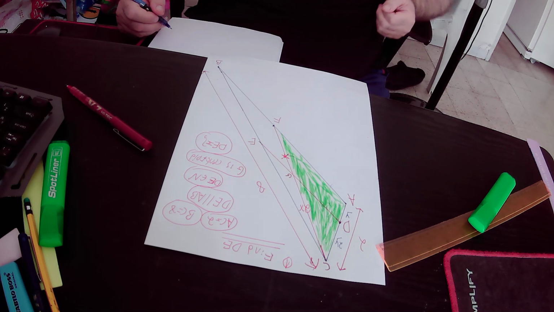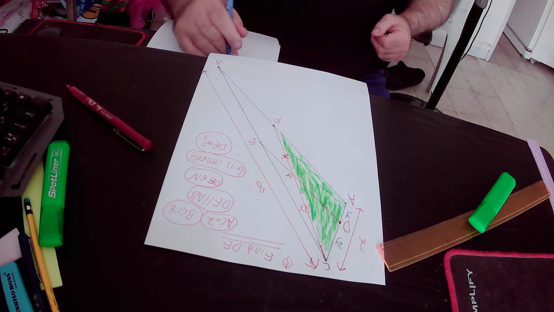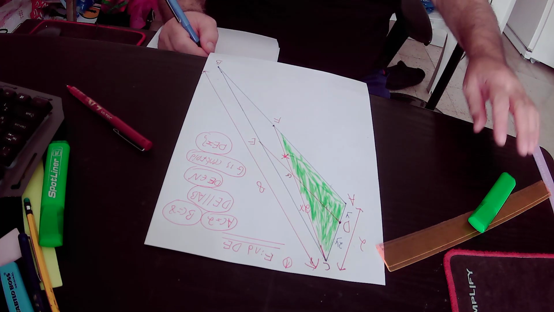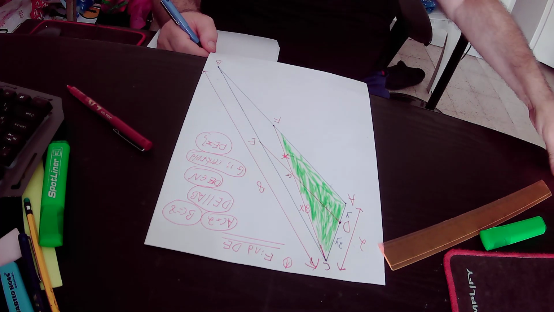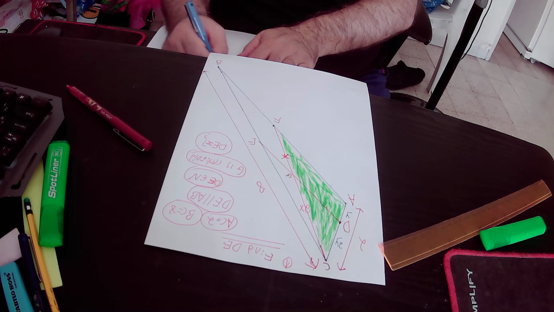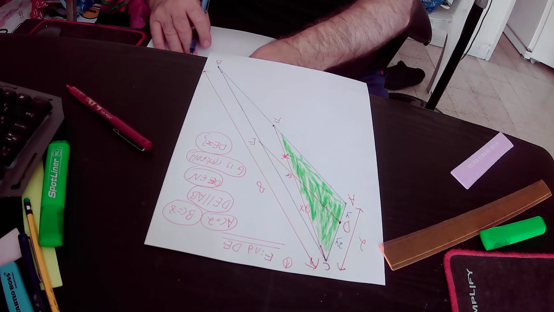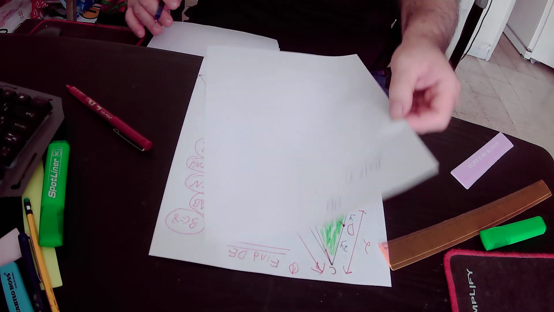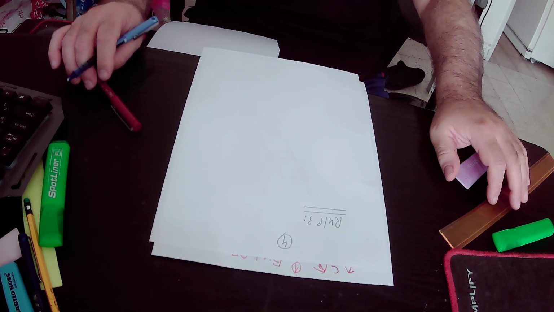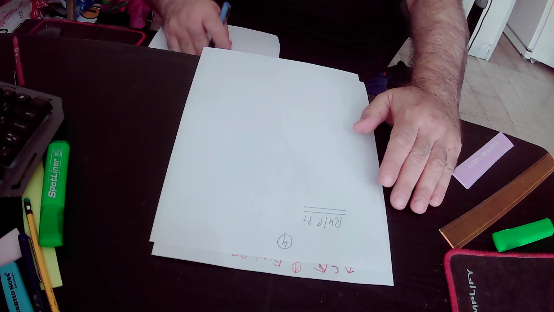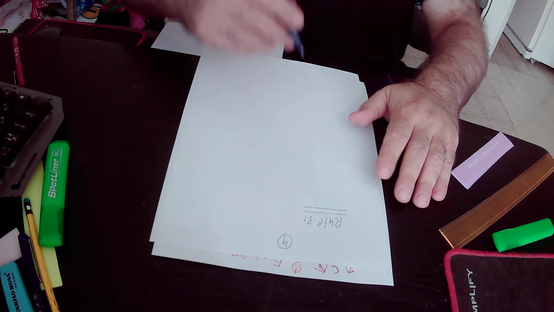So actually we have another rule, we call it rule number 3. Rule number 3 states that corresponding angles in between parallel lines are equal to each other. I'll write it down.